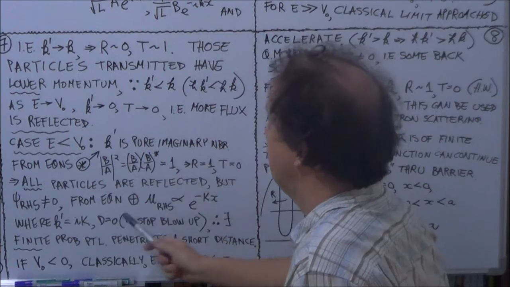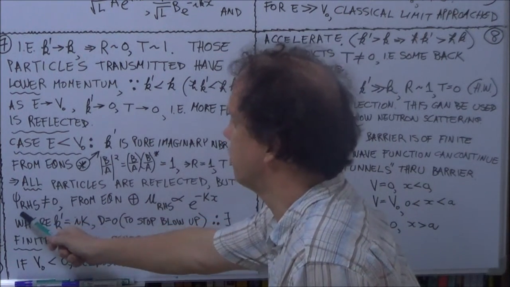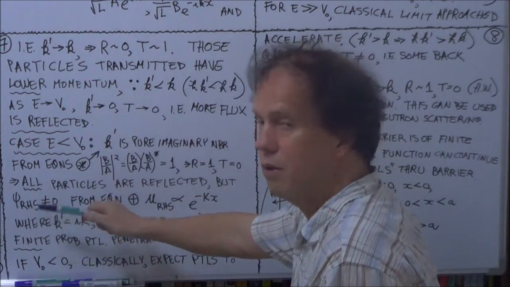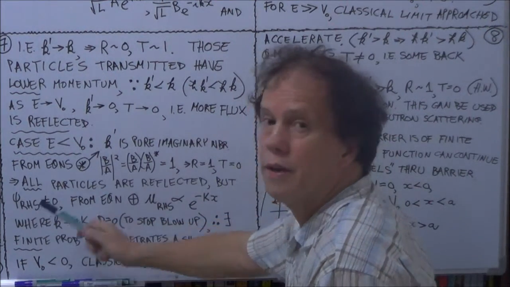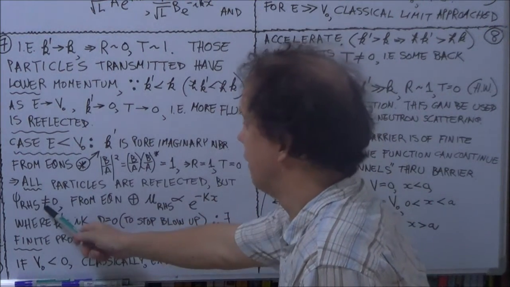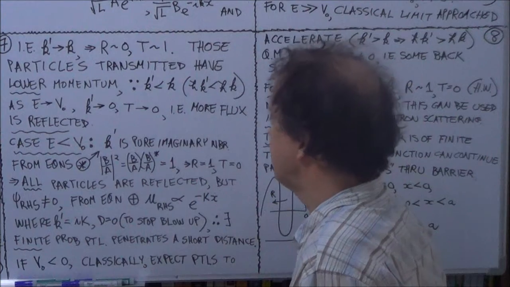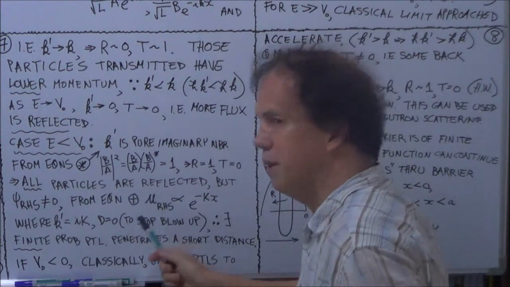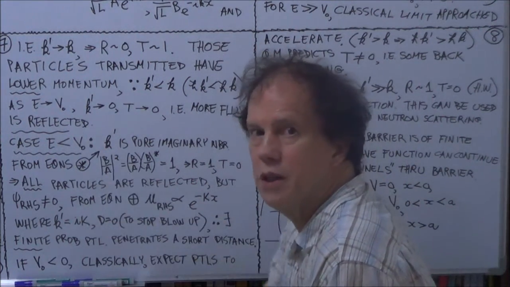But interestingly, the wave function on the right-hand side, to the right of x equals 0, is non-zero. It does drop off exponentially, very fast.